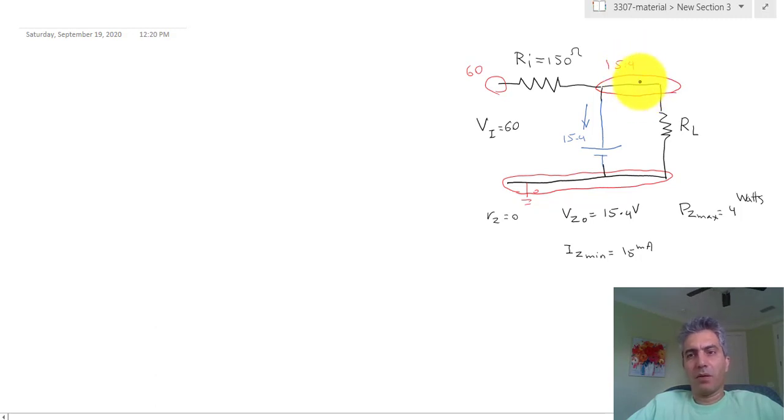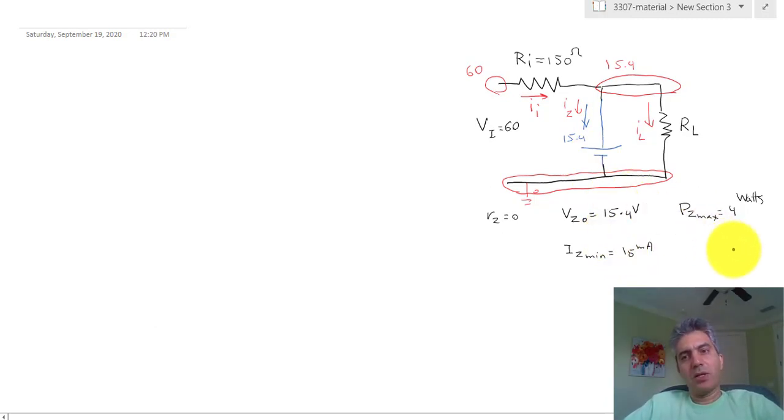I could have labeled that as a different voltage and then come back and write the equation for this source nevertheless. I'm going to call this II, and this one IL, and this current is IZ, and there's a condition on that. We have to make sure that IZ is not less than 15 milliamp.